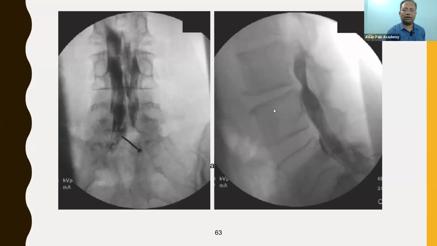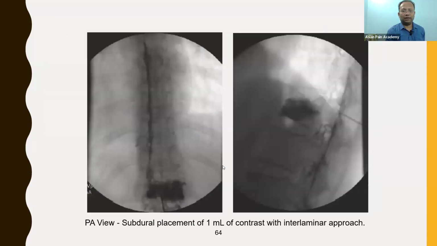So this is in the spinal canal. Like that, it can also happen that your needle is placed in the subdural space. Then only 1 ml of contrast will go to so much height. So big level, in all levels it has gone with only 1 ml of contrast. So this is an accidental placement.